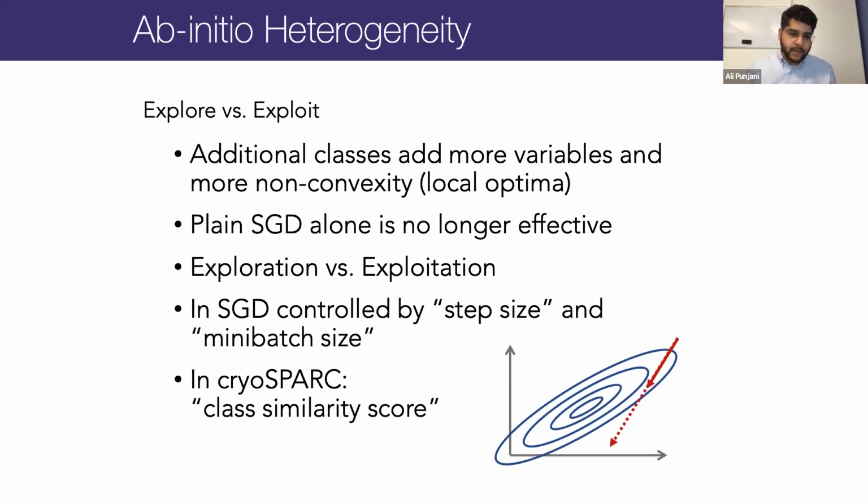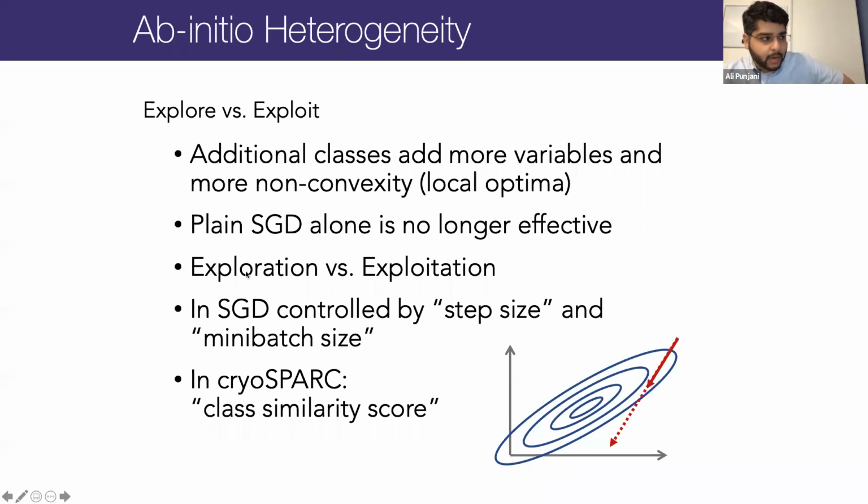This is similar to what we were discussing previously with 2D classification, about how the level of confidence we have about classification determines what we end up finding in terms of the diversity of classes. And the same is true for ab-initio reconstruction. So in general, the algorithm will do something.